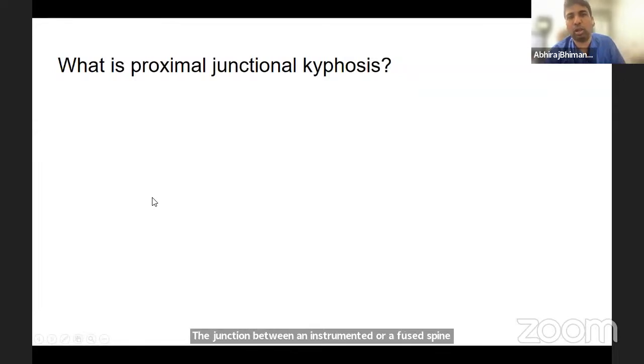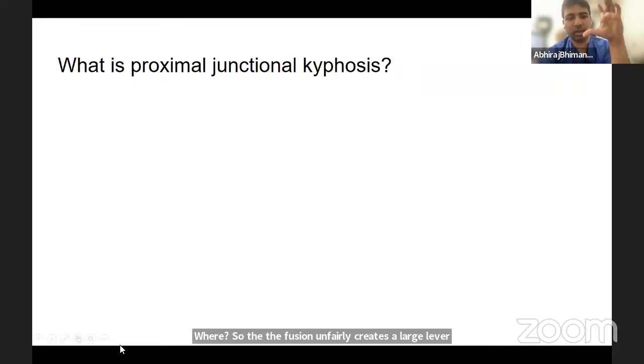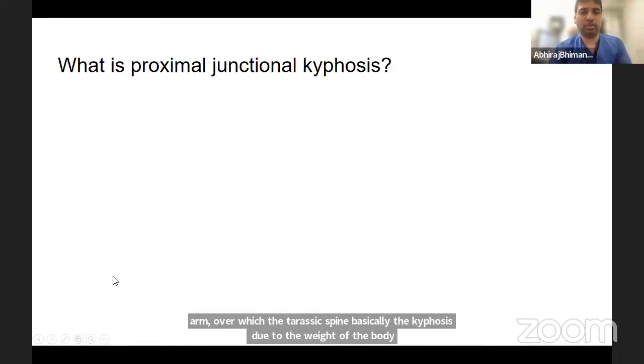Sometimes you can have two blocks of fusions that are not connected, and you can have a proximal junctional kyphosis between them. So generally, it happens at either a thoracolumbar region or just thoracic region, where the fusion inferiorly creates a large lever arm over which the thoracic spine, basically the kyphosis, due to the weight of the body, is not able to be pulled back by the muscle.